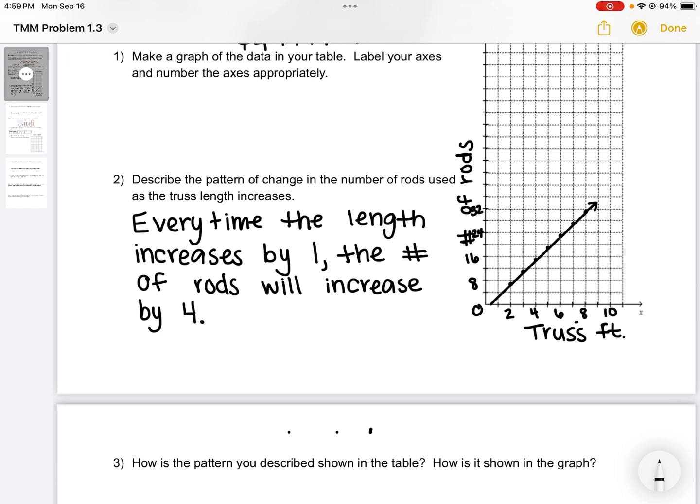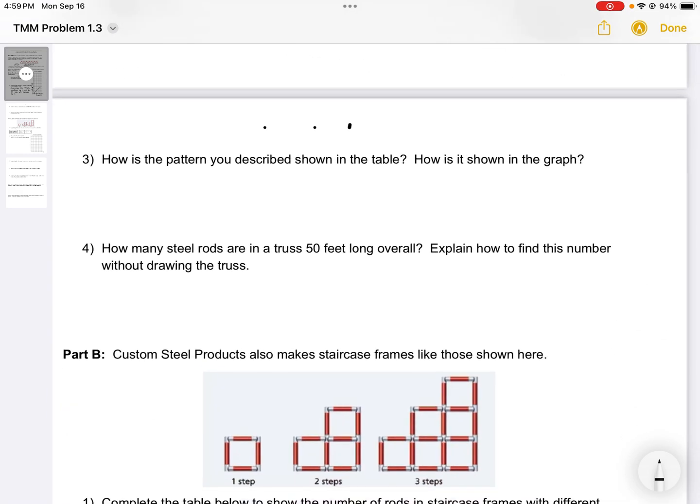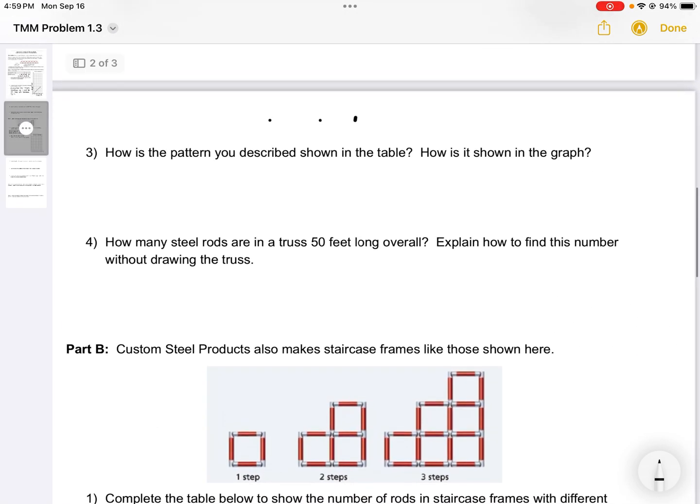Okay. I'm going to go ahead and scroll down to number 3. Number 3 says, how is the pattern you described shown in the table? How is it shown on the graph? So on the table, you see that you increase the length of the feet by 1. Your bottom row increases by 4.